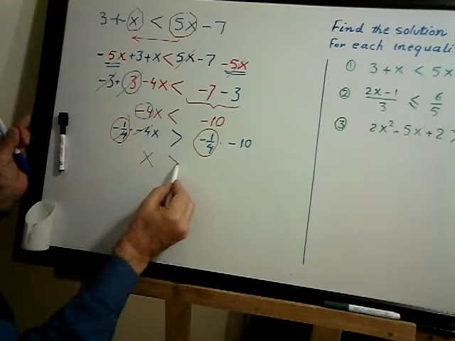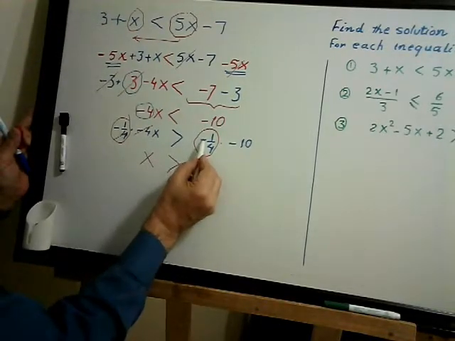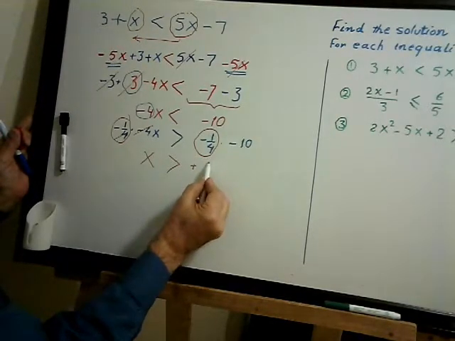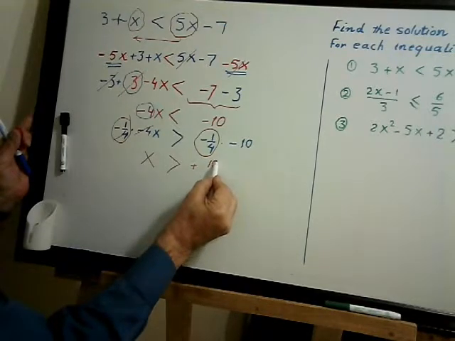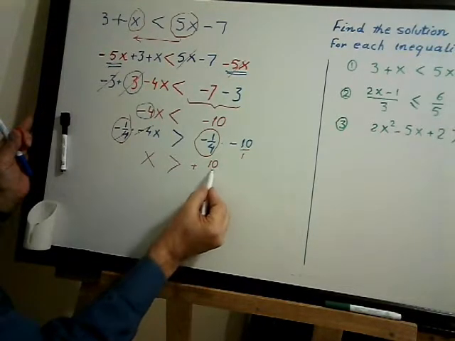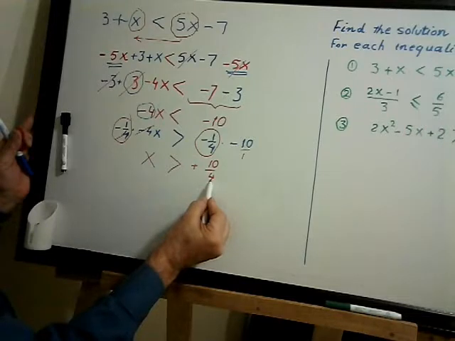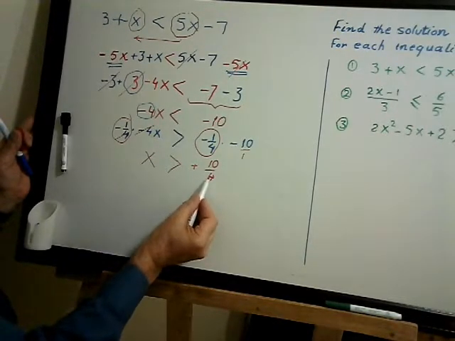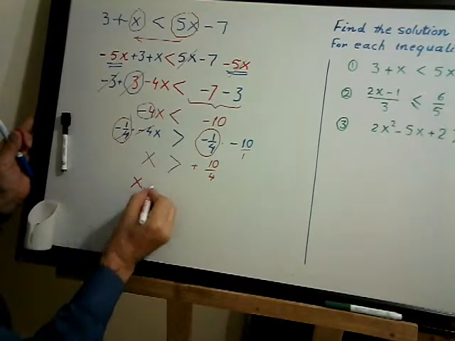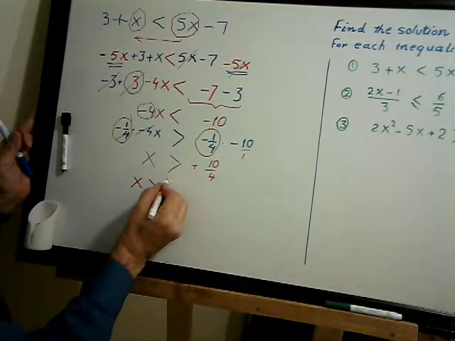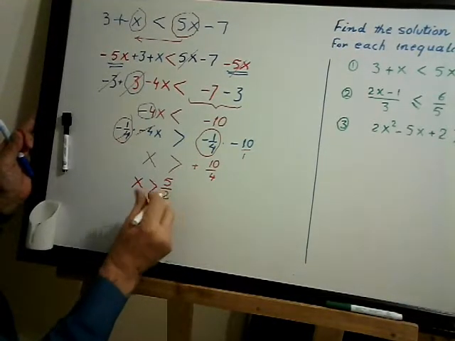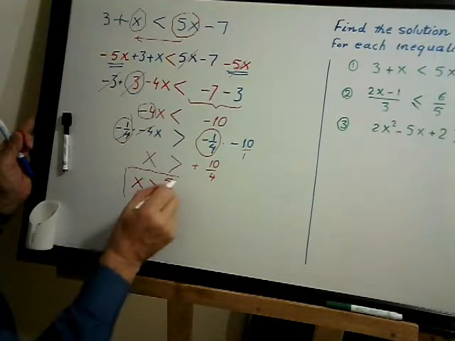So x is greater than, negative by negative gives plus, 10 by 1 gives 10, and 4 by 1 gives 4. The cancellation here can be done by dividing by 2, so x is greater than 5 over 2. This is the solution for the inequality.